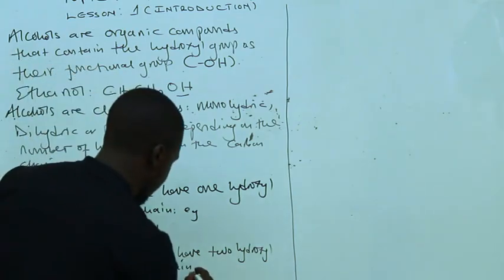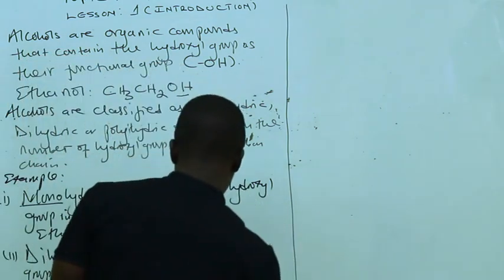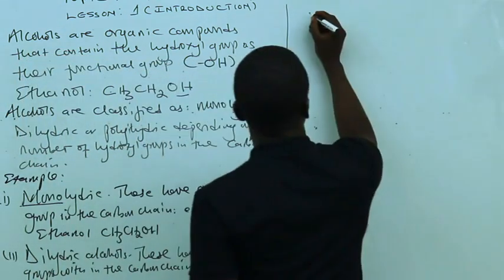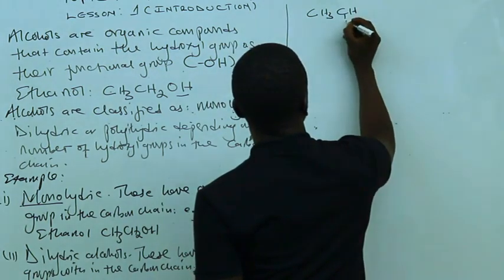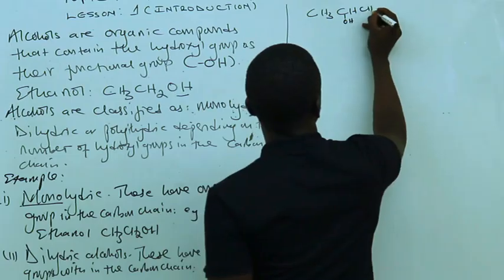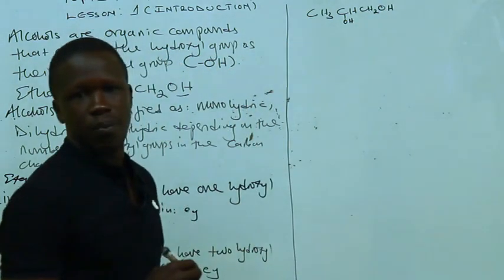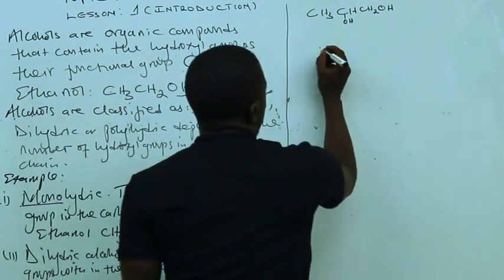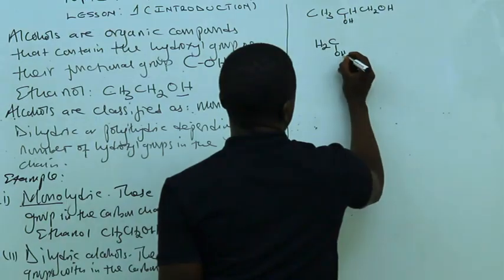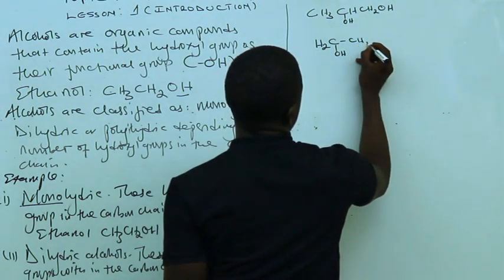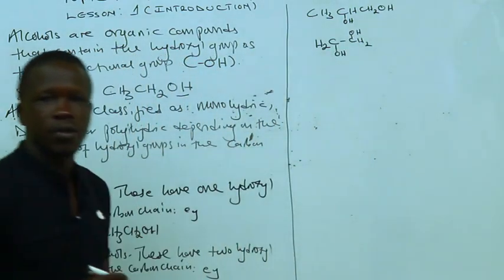And if these have two, then we can give an example here. You have CH3, CH, CH2, OH. That's one example. Another popular one that we even saw in alkenes, two hydroxyl groups.